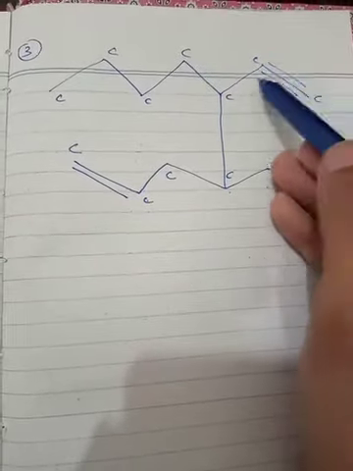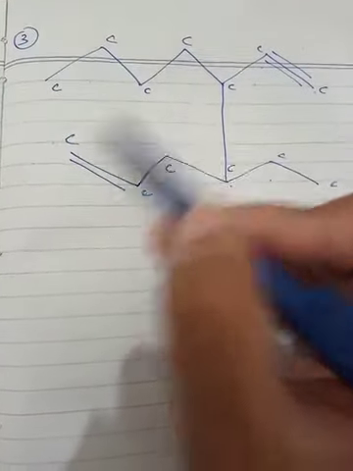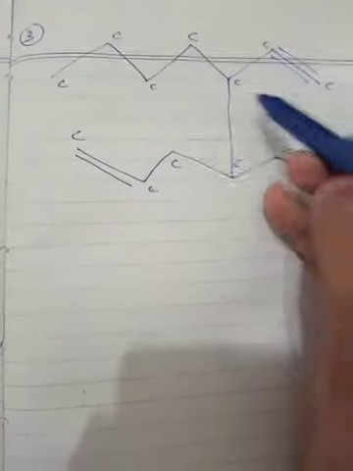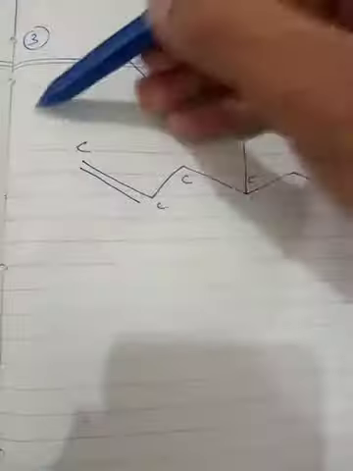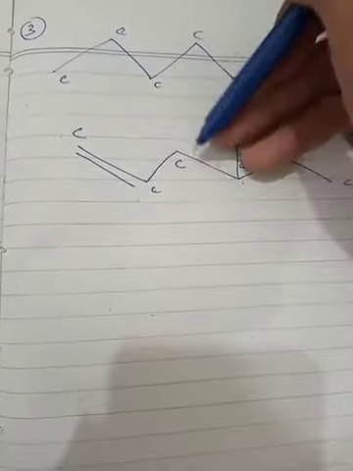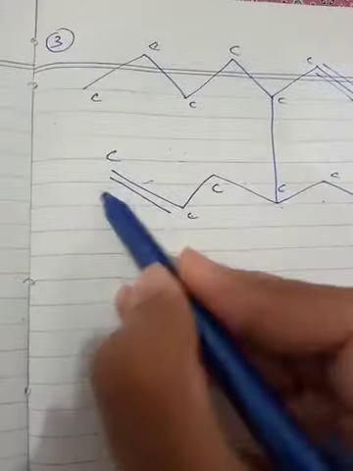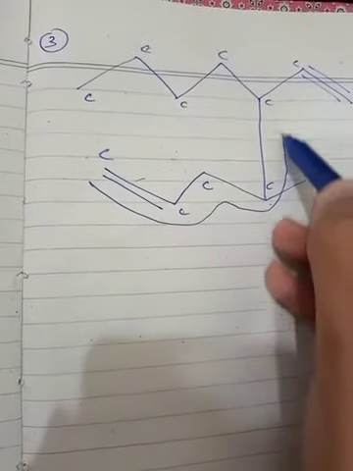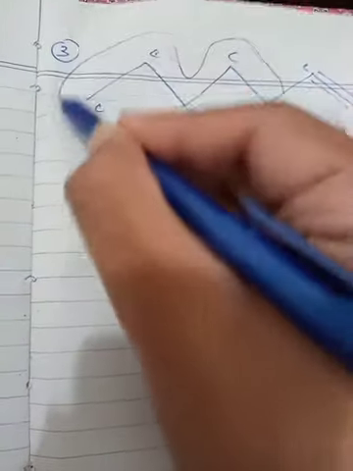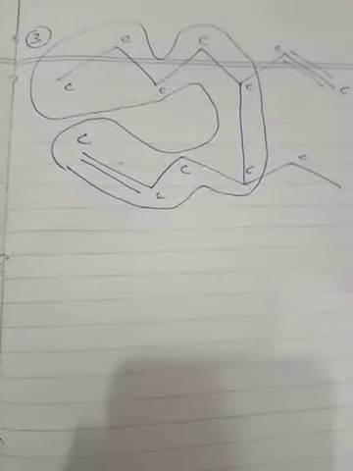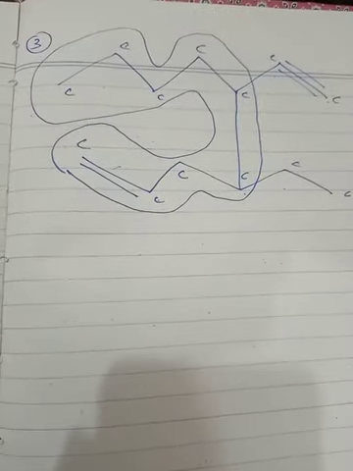You can see 1, 2, 3, 4, 5, 6. 1, 2, 3, 4, 5, 6, 7. And look at this, 1, 2, 3, 4, 5, 6, 7, 8, 9. So we have to select the longest carbon chain, this one. Okay, this was our longest carbon chain.